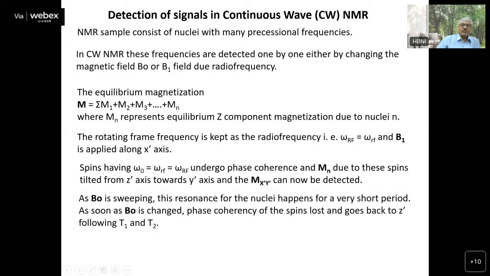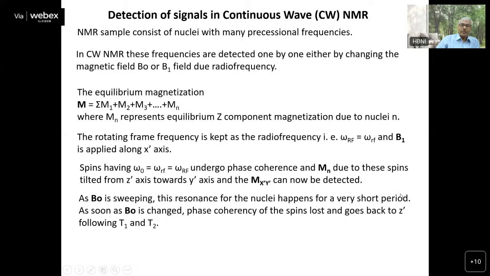Now in NMR, you are changing, either you sweep the radio frequency or you sweep the magnetic field. When you are sweeping the magnetic field, the resonance condition will not be there. Once you change the magnetic field, the resonance for a nucleus happens only for a very short period.